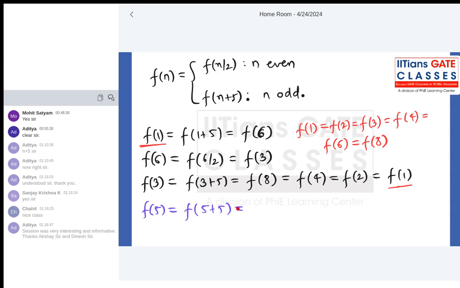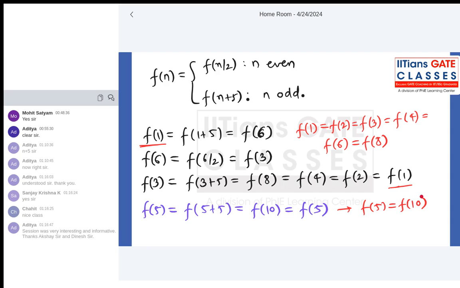That is the second definition of the function for odd n values. That is equal to f of 10. But now f of 10, 10 is an even number, so that will be equal to f of 5 because 10 by 2 is 5. So from here you notice that f of 5 and f of 10 are the same.